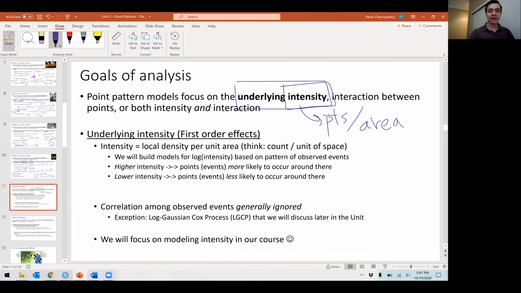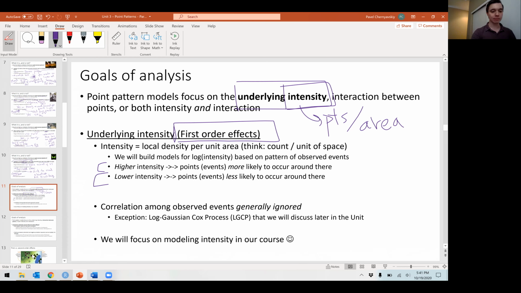We can be analyzing the underlying intensity, the interaction between the points, or both. The underlying intensity is sometimes called the first order effect. You think of this as there being some underlying surface that you don't get to observe, but events are more likely where the intensity is higher and less likely where it is lower.